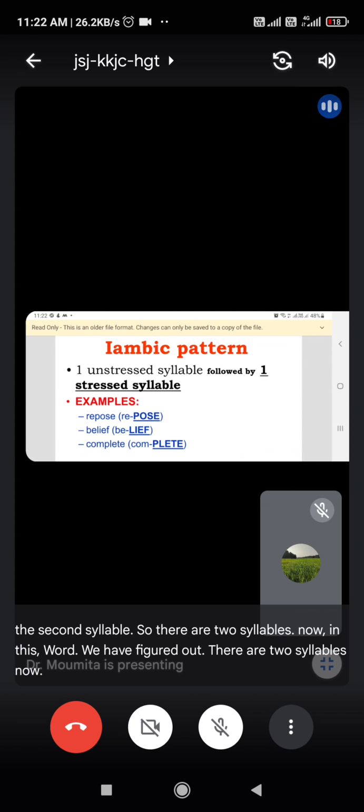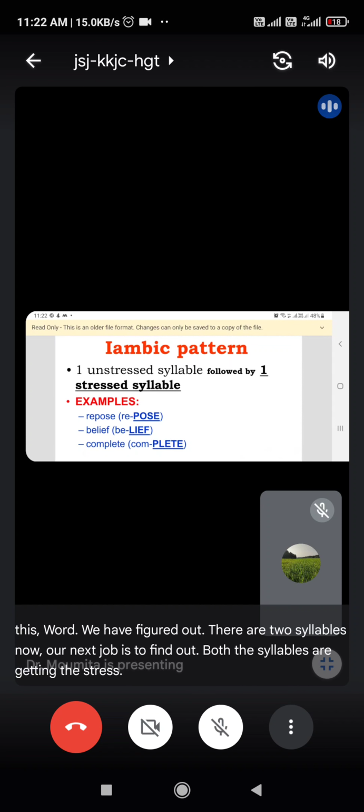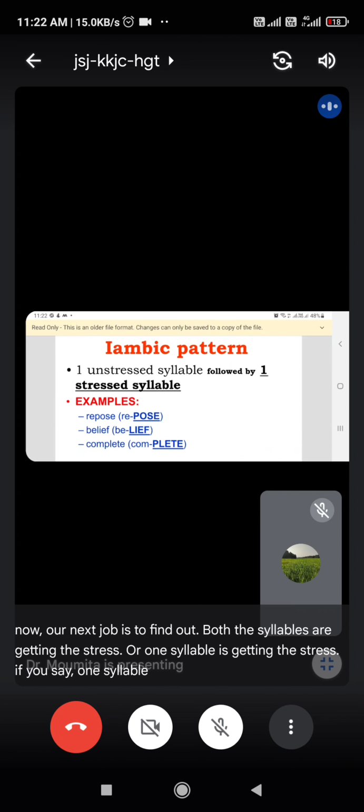Now our next job is to find out whether both the syllables are getting the stress or one syllable is getting the stress. If one syllable is getting the stress, then which one is it? Is re getting the stress or is pose getting the stress? How will you figure it out? I told you that day you will have to recite.